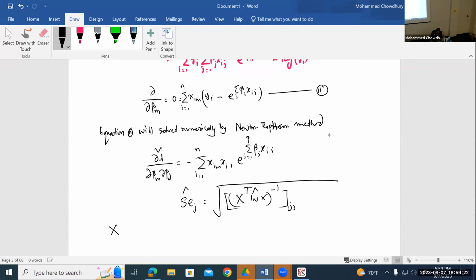What is X? I'm going to define X in this format. X equal to this. And what is W? W is the diagonal elements.